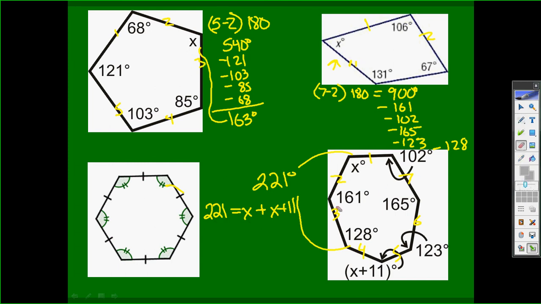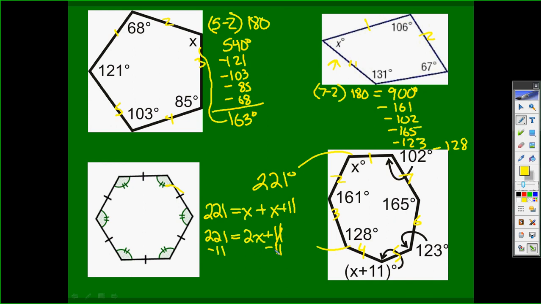Now this is going to require a small amount of algebra here. We're going to look at this and say, do we have any like terms? I've got 1x and 1x, so 221 is equal to 2x plus 11. Inverse operations tell me to get rid of the 11 first.